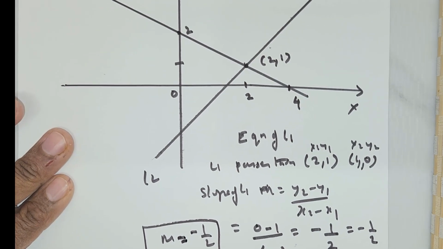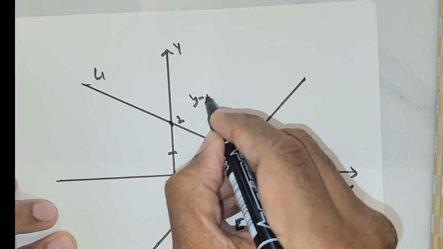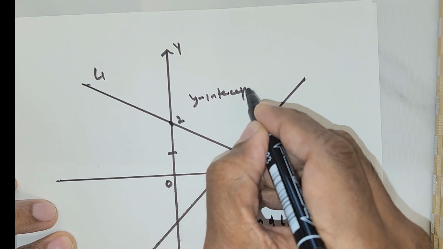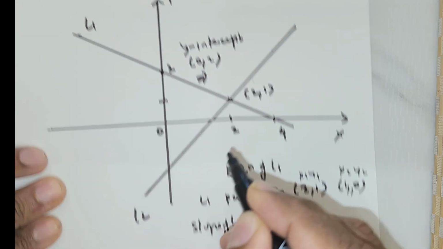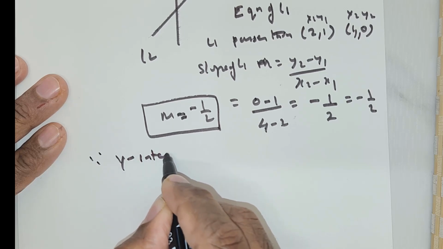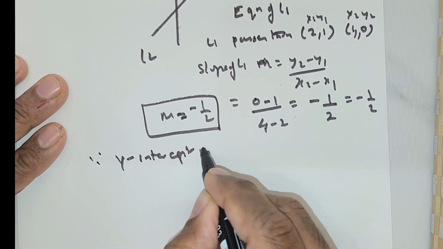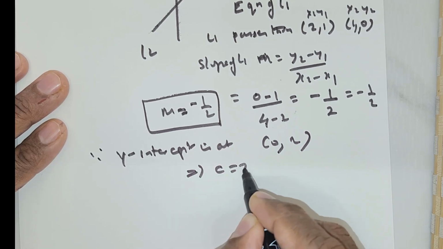Okay. Now you see the y-intercept. This is the y-intercept. The y-intercept is occurring at (0, 2). So this means c is equal to 2.